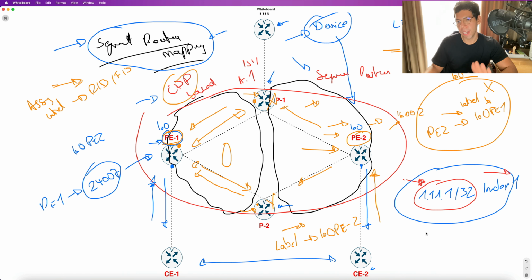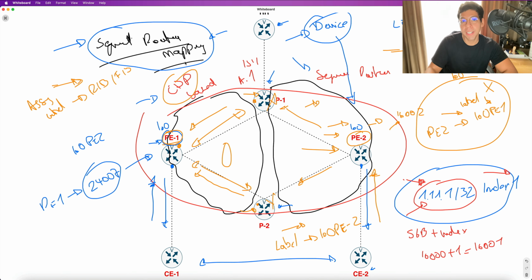And in our case, we are using index. So the label is calculated based on the segment routing global block plus the index value that we configure. So if we configure an index value of 1, then the label for 1.1.1.1 will be 16000 plus 1, so 16001, okay?